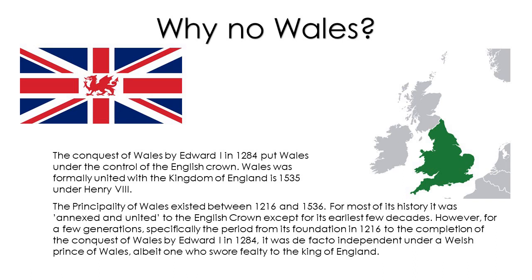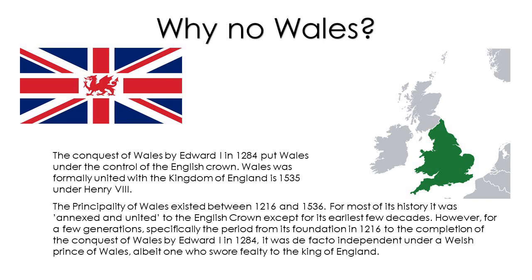So Wales, although we recognise Wales as a nation of the United Kingdom today, was formally annexed into England and part of the Kingdom of England under, obviously, the conquest, and then more formally in the Act of Union under Henry VIII.